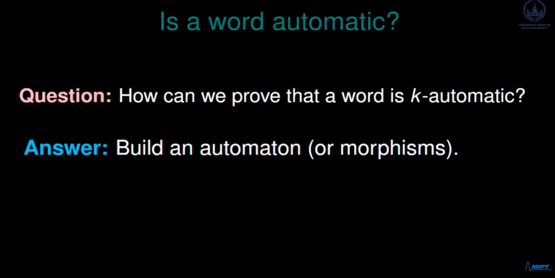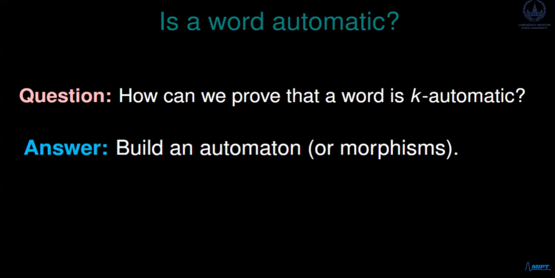Build an automaton, or in some cases, use a morphism to prove that a word is k-automatic. We can construct a finite automaton that reads the k-ary representation of the index and outputs the corresponding value in the sequence.